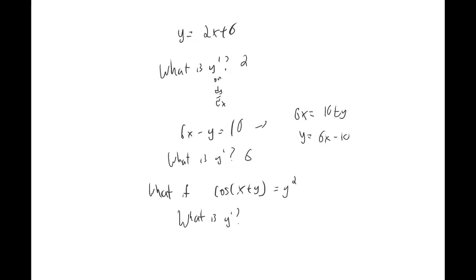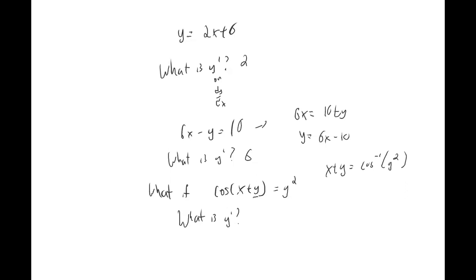Because if you didn't know implicit differentiation, if you try to isolate y, how would you isolate y? You can't really do this. To isolate this y, you would take cosine inverse, but then how do you get y equals something in terms of x?